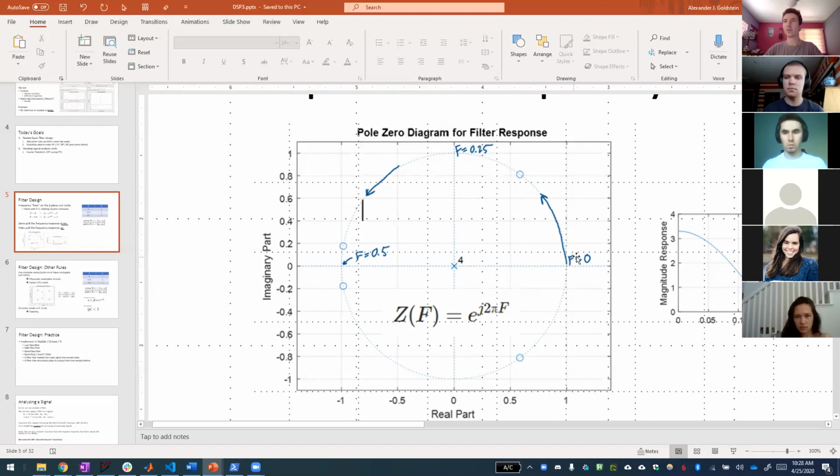So you have your frequency starting here at f equals 0, the lowest frequency you're going to have, and then it increases up to the highest frequency that you'll have in your digital system at 0.5. If you don't have any poles or zeros, your transfer function is just zeros on top and poles on the bottom.